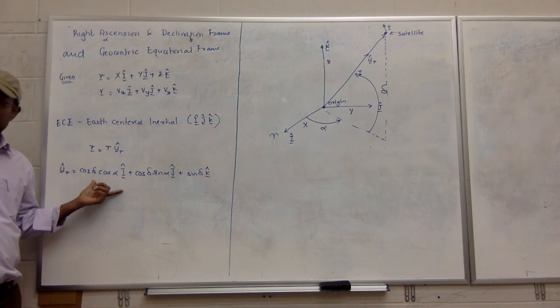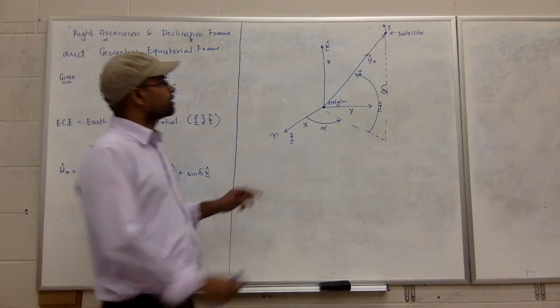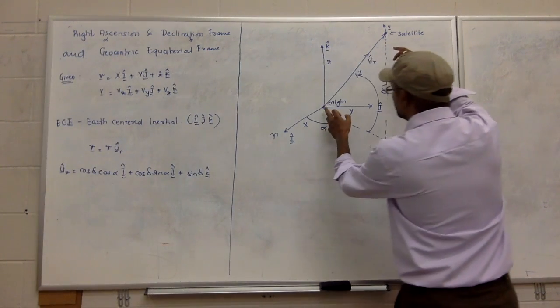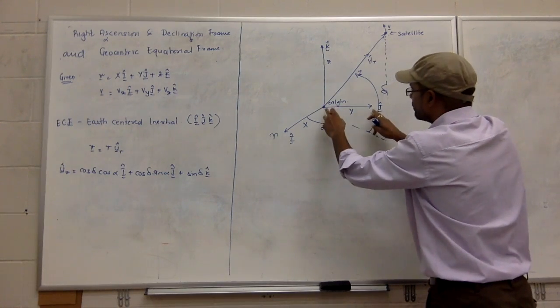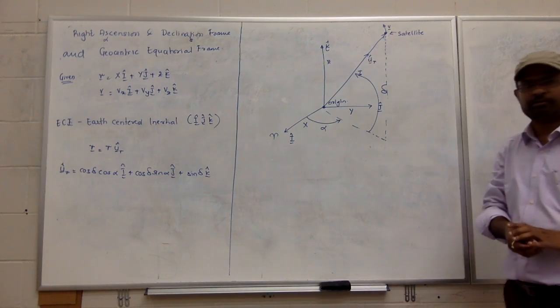Do you understand this? How to get this? I'll explain it. So this thing has an x component, y component, z component. Everybody agrees with that?